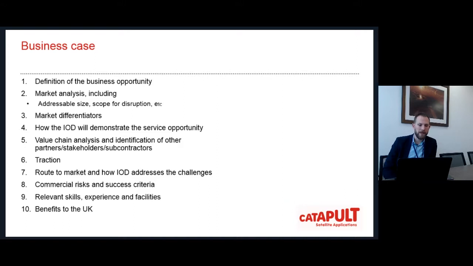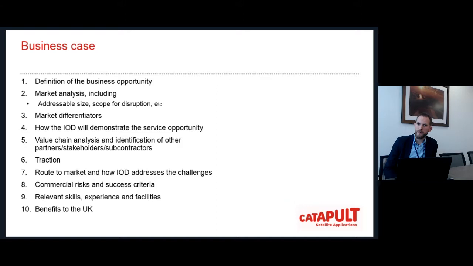A value chain analysis. Specifically here, we want to know who is it you're going to be working with, not necessarily as part of the consortium, but the specific parties that need to provide either technology into the flight element, the ground service element, other stakeholders that might be involved, other existing investors, and so on, or future partners that will enable the full commercial operation of the service beyond IOD.